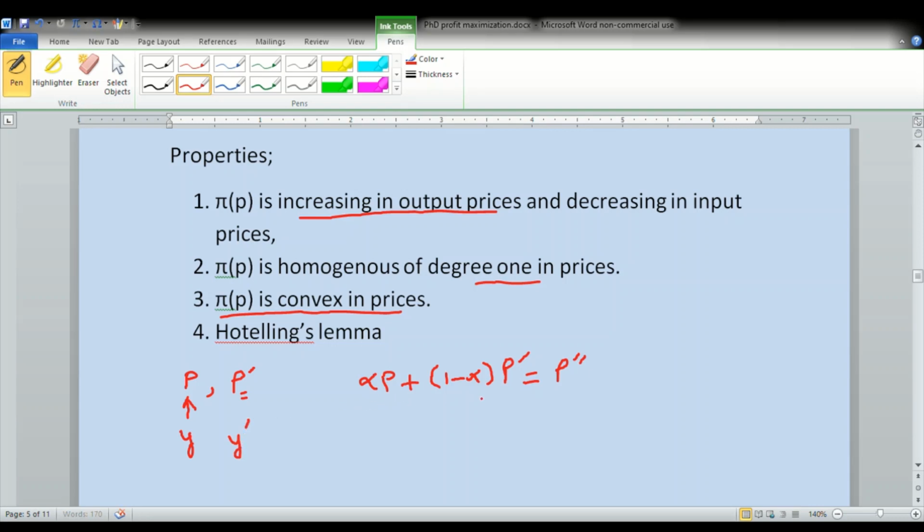And there is one net put vector which is profit maximizing at price vector P double dash, call it y double dash.